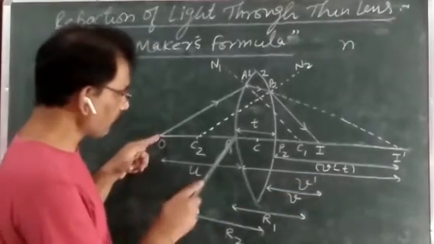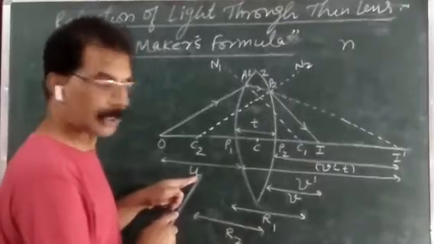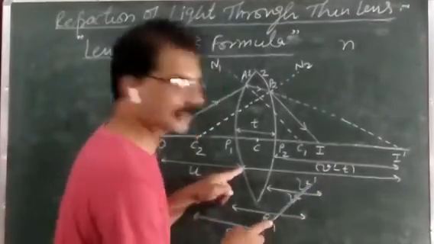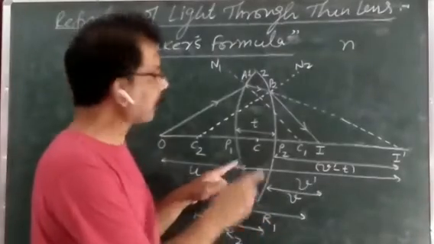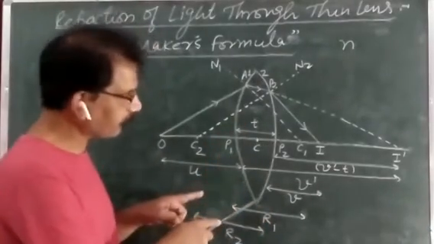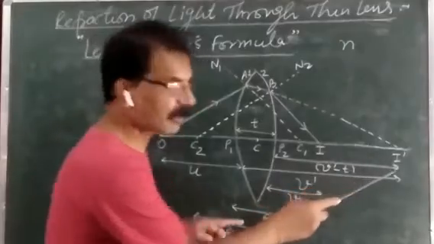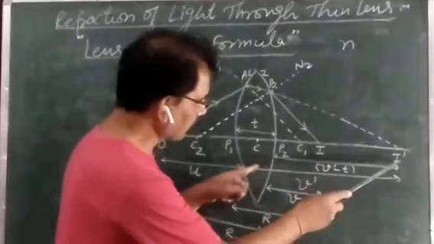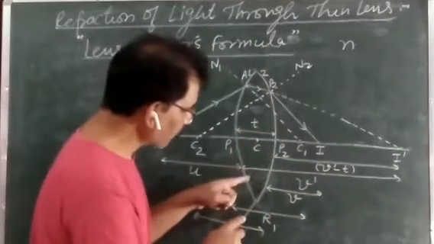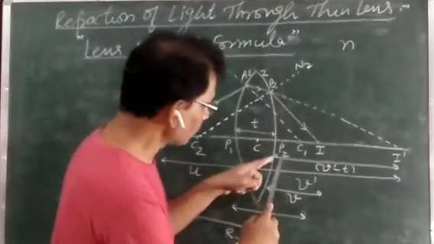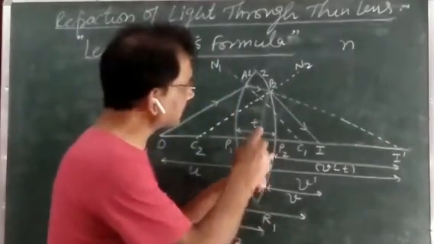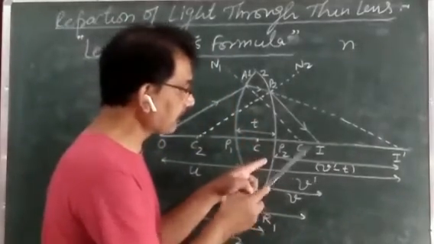Distance of the object from first surface U, and distance of this I dash from this first surface is how much here? V dash. And when refraction takes place from the second surface, then now this I dash will act as a virtual object. इसका मतलब सेकेंड सरफेस के लिए u की वैल्यू कितनी हो जाएगी? v dash minus t.